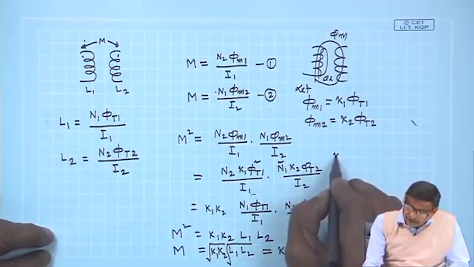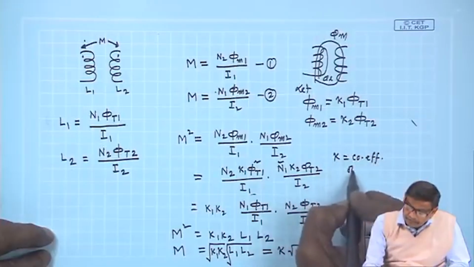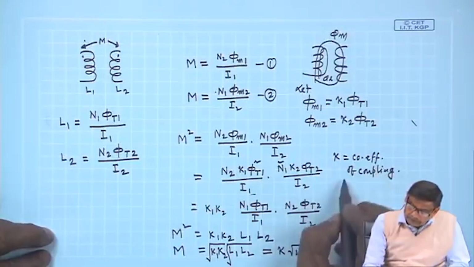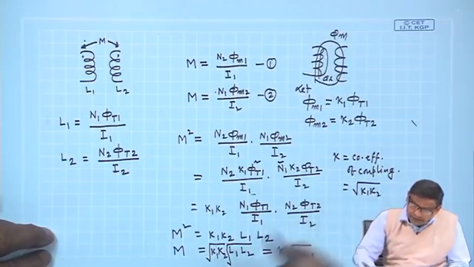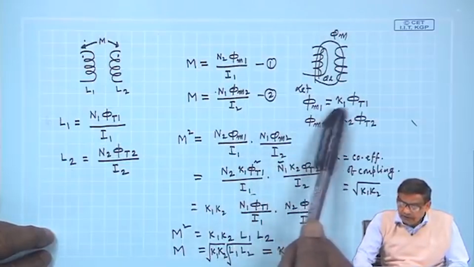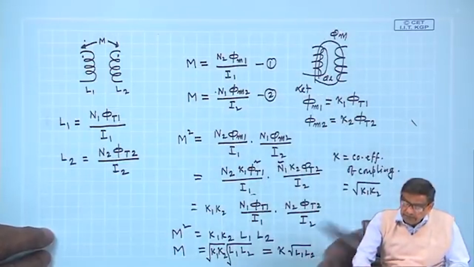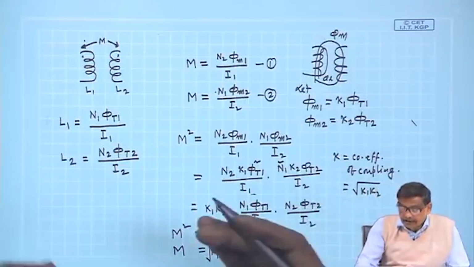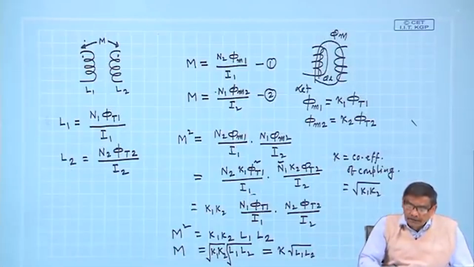So, K is called the coefficient of coupling, which is equal to root over K1 K2. What is K1 K2? K1 is how much of the total flux is mutual; it is a number, a fraction, maybe 0.95, 0.98 for a very tightly coupled coil, and if its value is small, it means it is a weakly coupled coil.